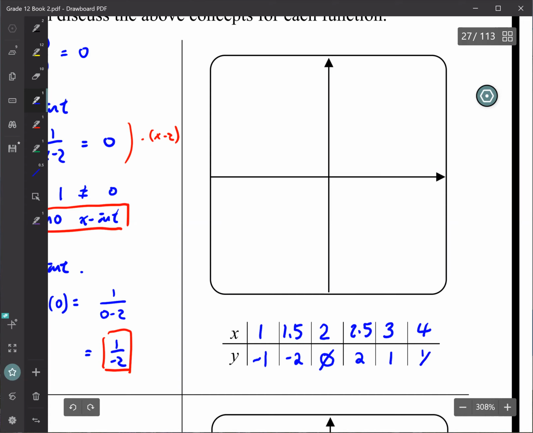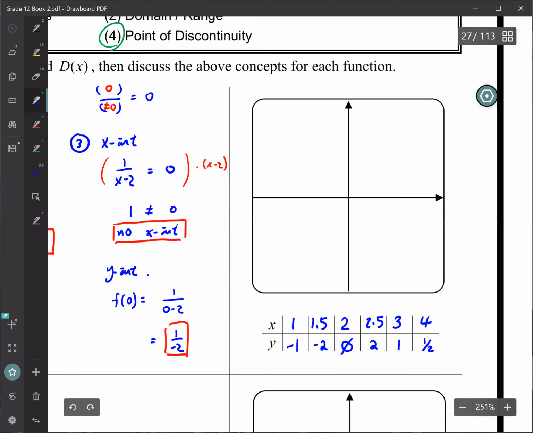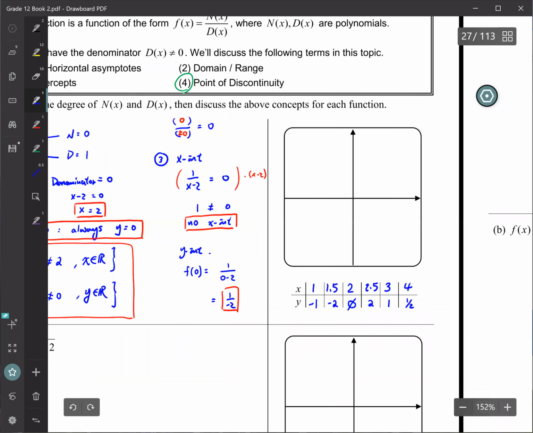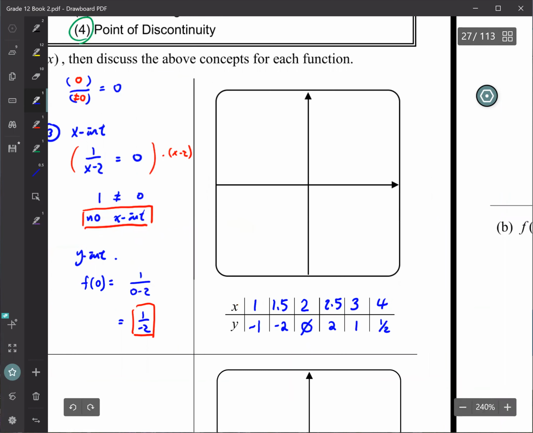Right, so now let's plot it in, okay. Is it half? Yeah, okay. So just follow the table, right? And because the points are not too big, right? So I'm going to just draw 1, 2, 3, 4 for x. Okay. Same with the other one.